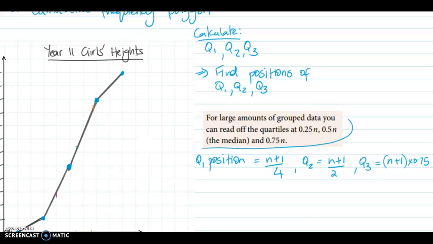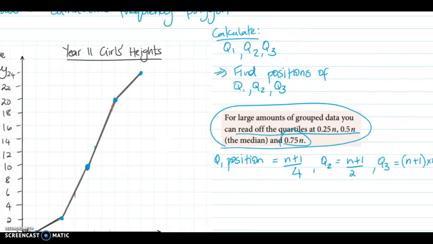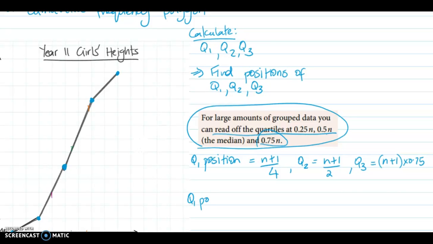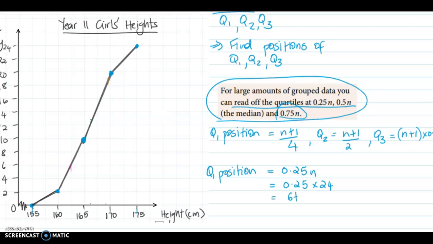Now, what I've got over here is just a little bit of information: when your data is a large amount of grouped data, you can read off your quartiles at 0.25, 0.5, and 0.75. So what that means is that your Q1 position can be read off as 0.25n. Our total was 24, so 0.25 times 24 gives us 6, so our Q1 is at the 6th position.